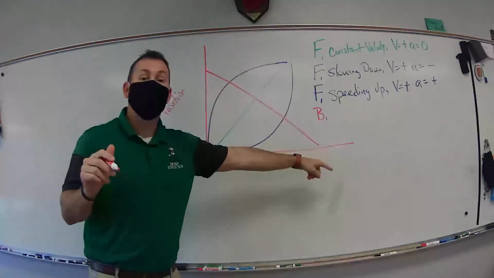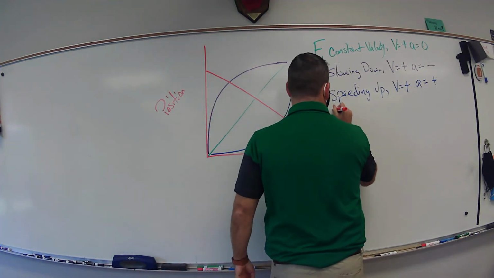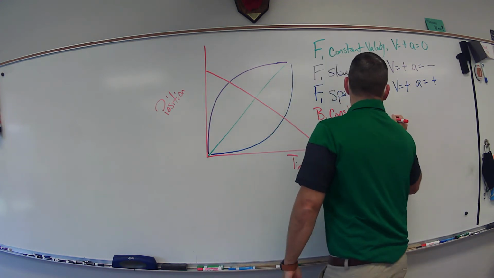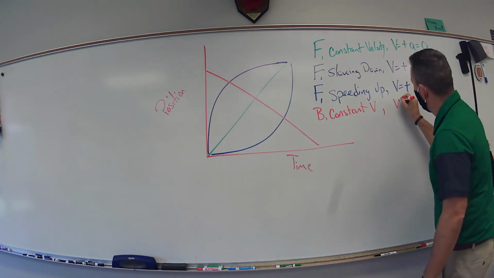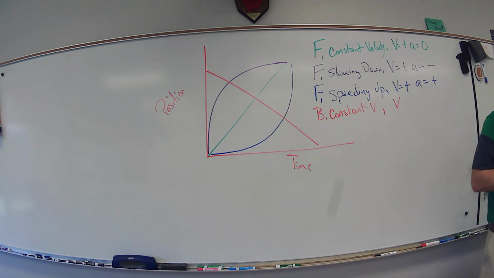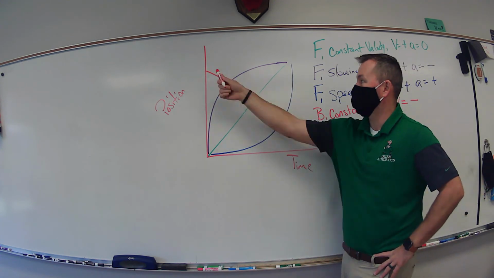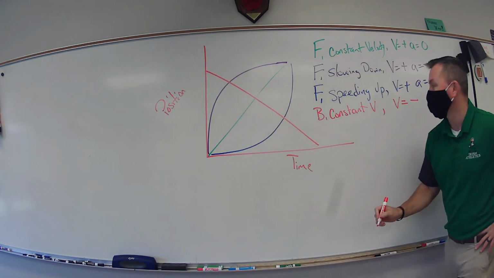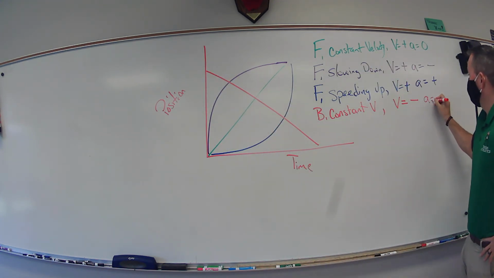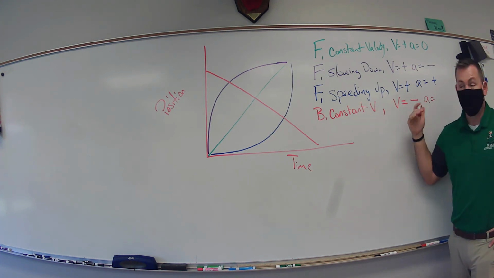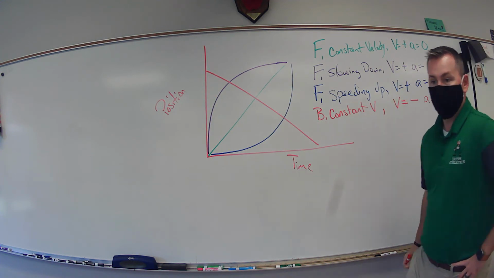Constant velocity. So we're good. We're constant velocity. So my velocity, is it positive or negative? Why? Yes, it's negative because we're going backwards. I know we're going backwards because that line is sloping downwards. If the velocity is constant, what's my acceleration? 0. Good. Bingo.